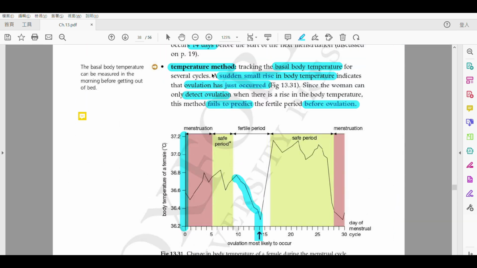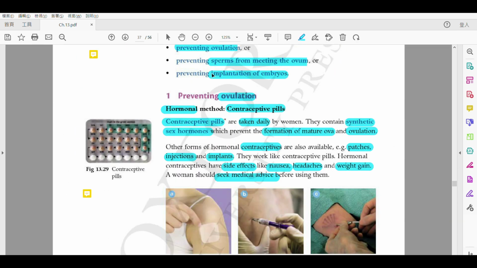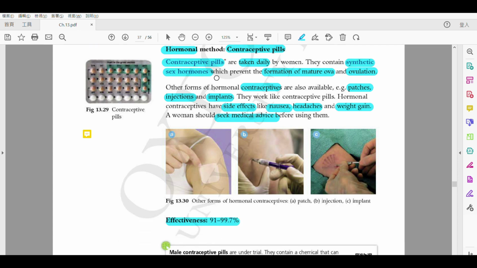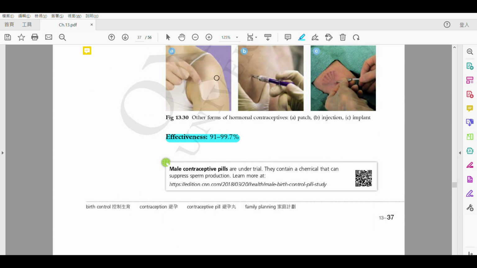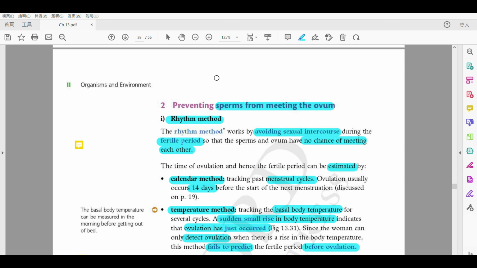The first one is how to prevent ovulation: eat contraceptive pills, so that your ovary will not release the ovum. Then we talk about how to prevent fertilization, with three methods.